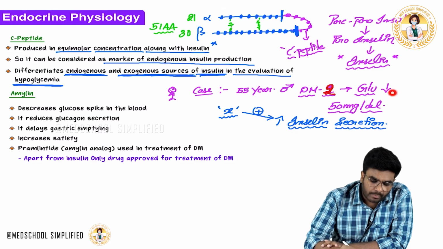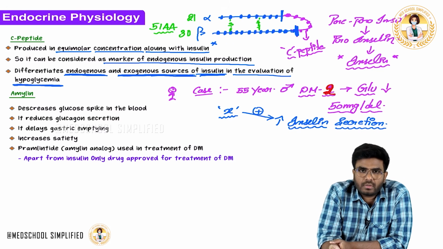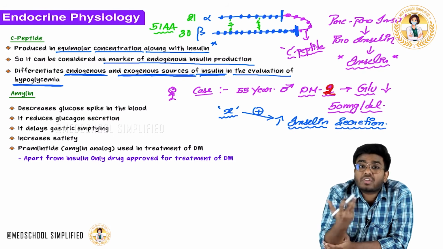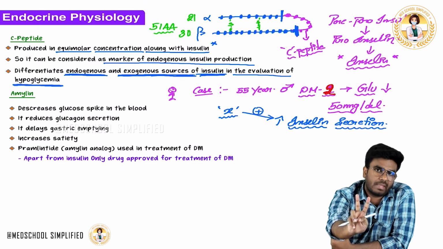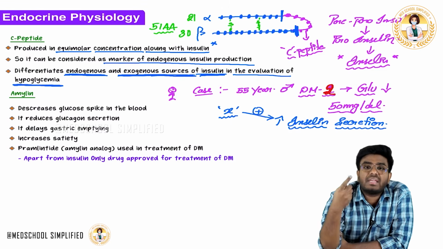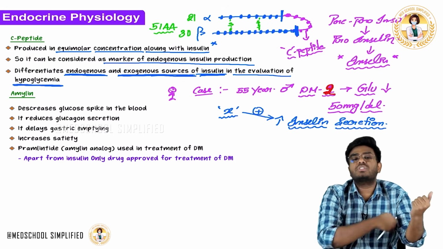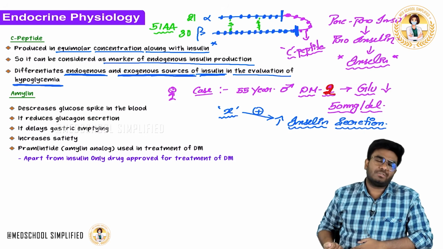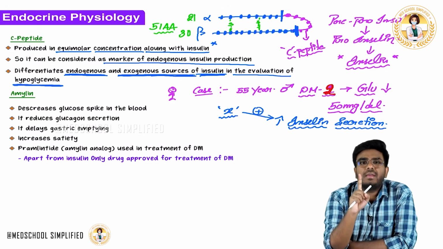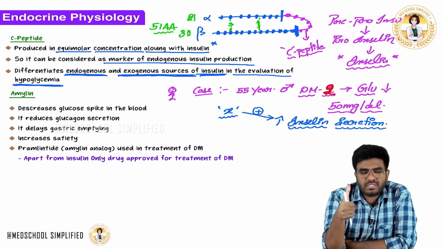Looking at this hypoglycemia, you have a doubt: this hypoglycemia might be because of two reasons. He might have taken exogenous insulin. This is one cause: an overdose of exogenous insulin leading to hypoglycemia.